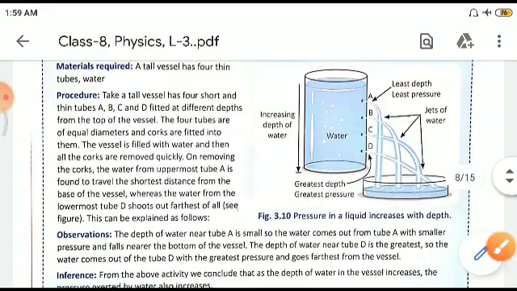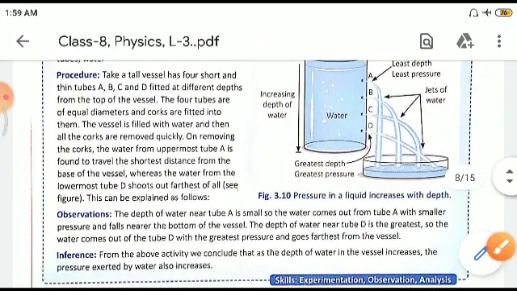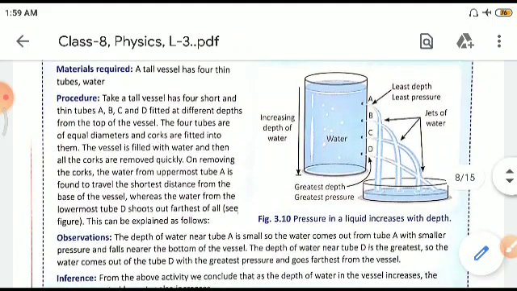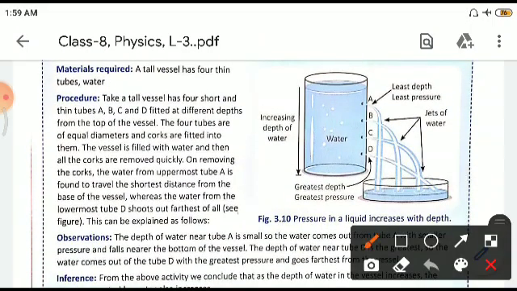You can see this flow here is very low from A, and you can see the flow from D is so swift and so fast because D is at the maximum depth, and A is at the minimum depth from the top, right. What I mean is, from here to here, this depth is very low in comparison to from here to here, right.